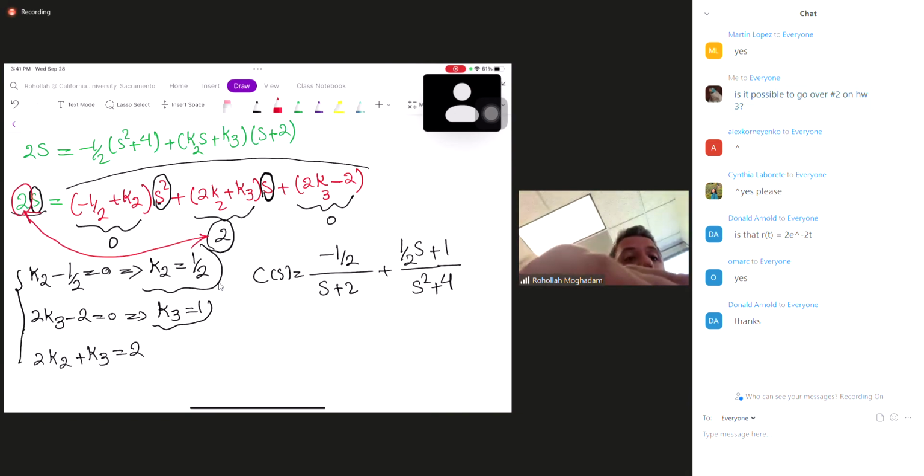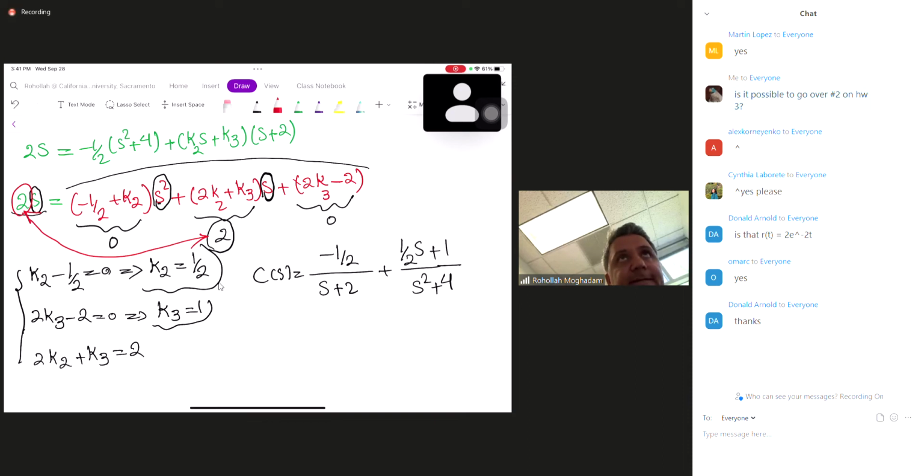The last term is a constant term, and there is no constant term on the left-hand side, so this constant term has to be 0. So we will have three equations: negative half plus k2 equals 0, 2k2 plus k3 equals 2, and 2k3 minus 2 equals 0.